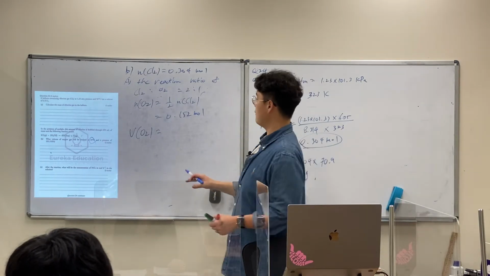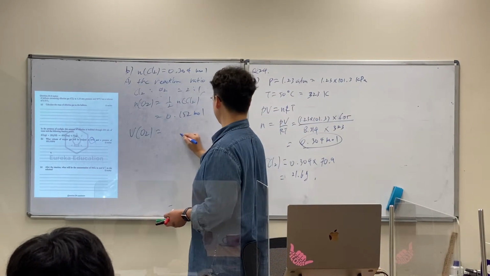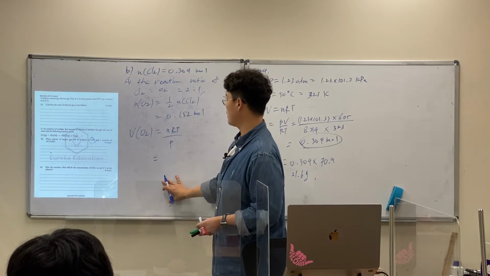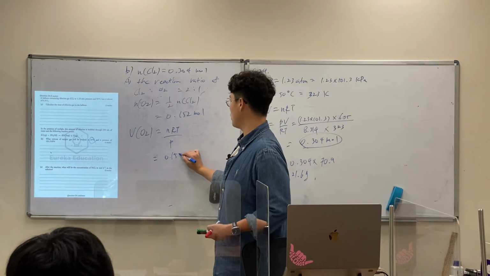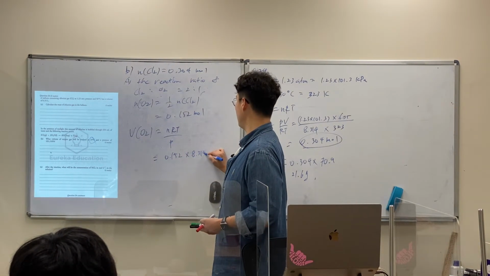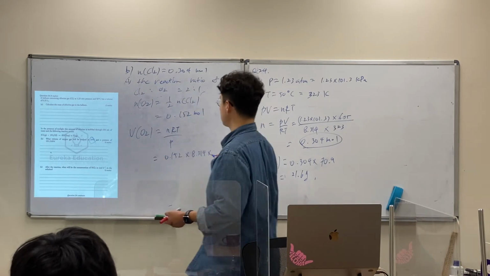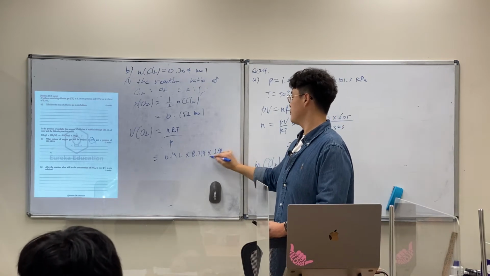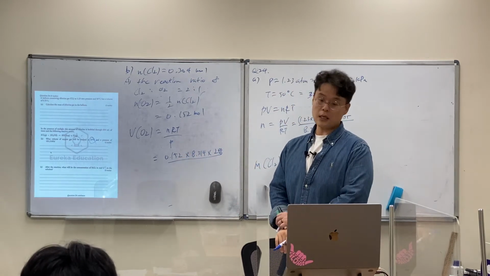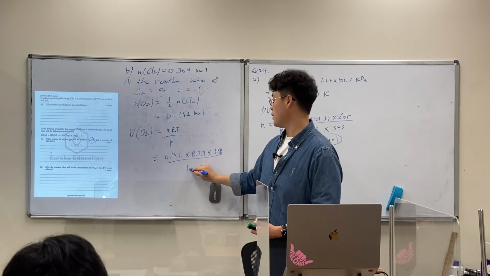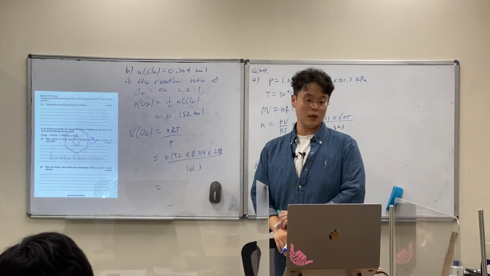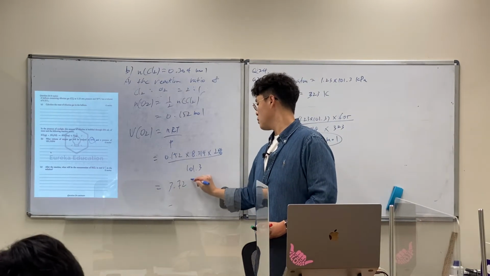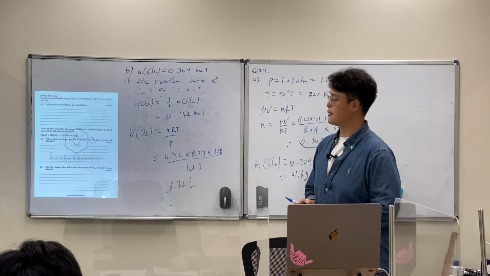So V equals nRT over P, substituting all the relevant values: 0.152 times 8.314 times the temperature 25, that's 298, divided by the pressure, which is given as 101.3. And you should get 3.72 liter for your final answer.